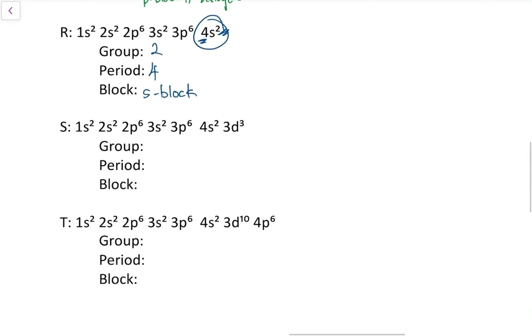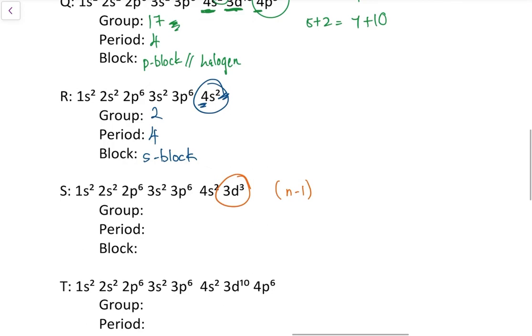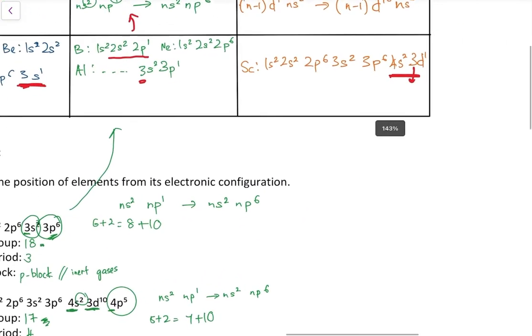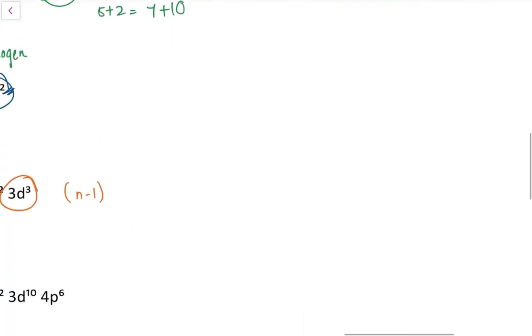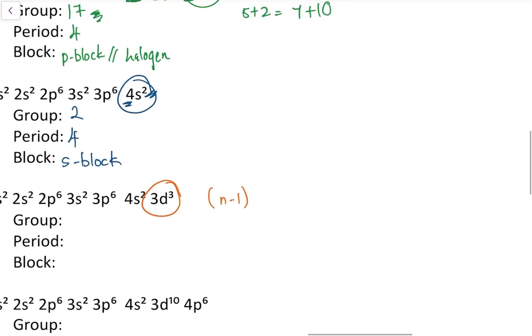Now this next one is a bit special because the outermost electron is in the d orbitals, and as we know, it's a bit complex because the formula is (n-1)d1 and s2, up to (n-1)d10 and s2.